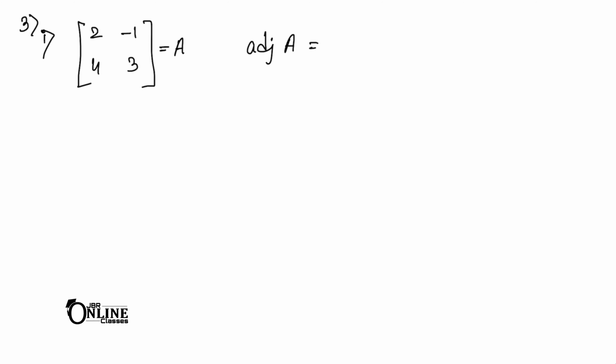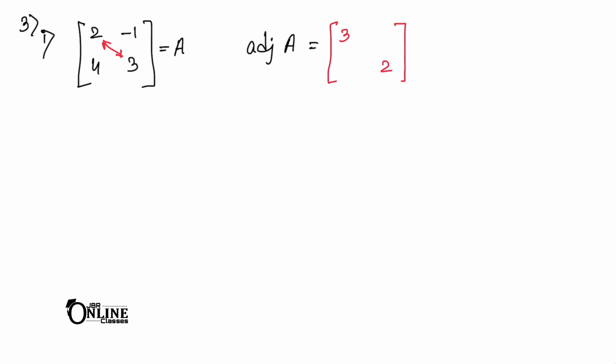To find out the adjoint matrix, the formula is that you have to interchange the values. Whenever you find out the adjoint of a 2 by 2 matrix, first you have to interchange these two elements. That means here it's 3 and here it's 2 now.